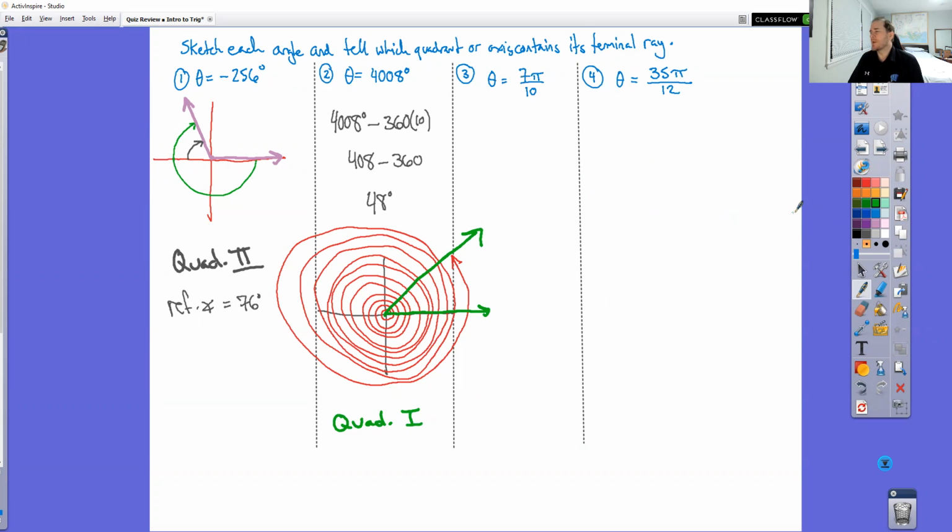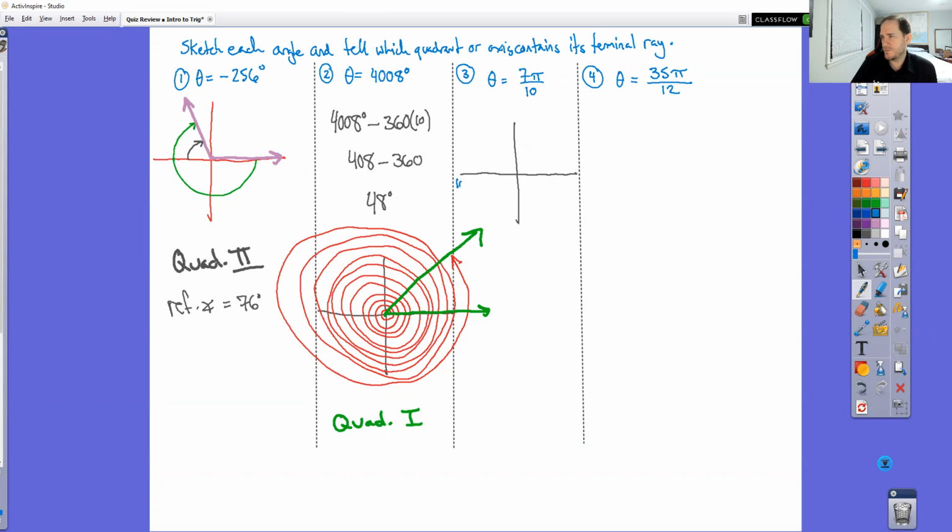All right, what about this? Now we're in radians. So I'm starting to sound like a broken record, but the most important part with radians is probably just understanding that the x-axis is pi and 2 pi and 3 pi and so on. So if you can express that with a common denominator with the angle that you're given, you're going to be fine, in my opinion.